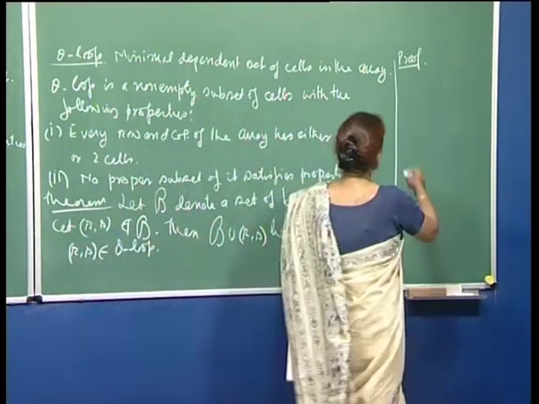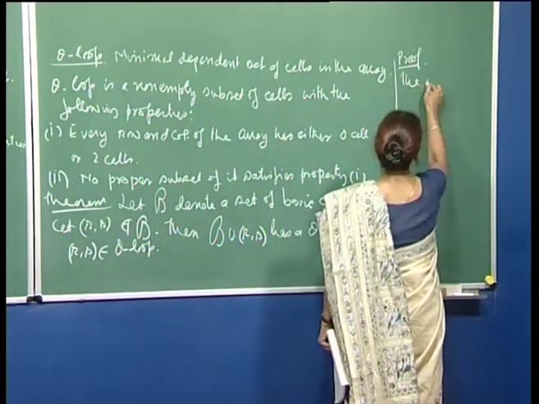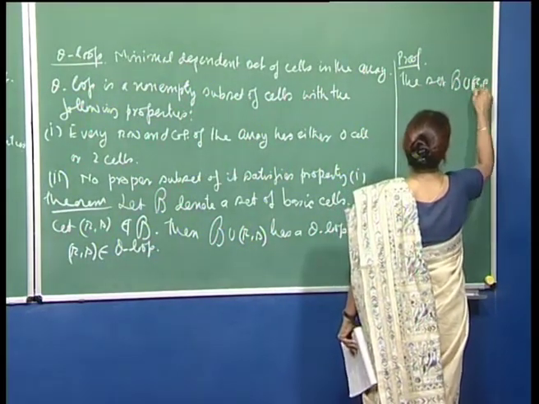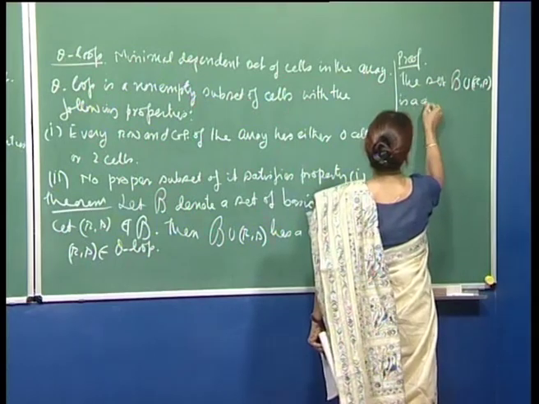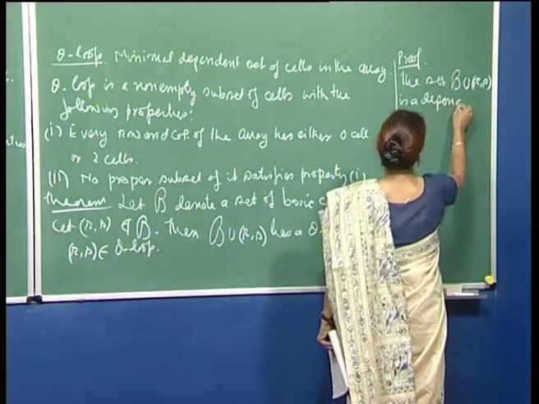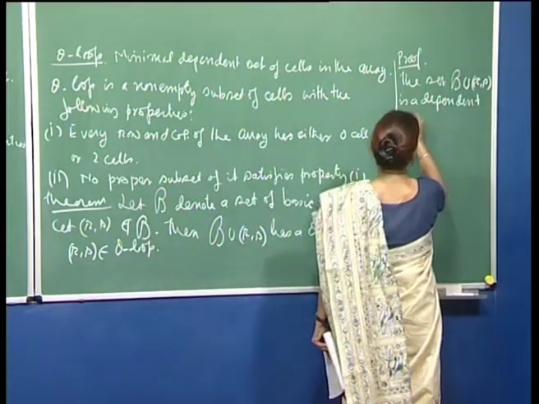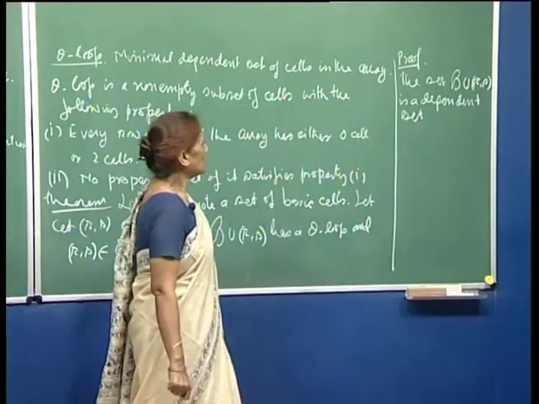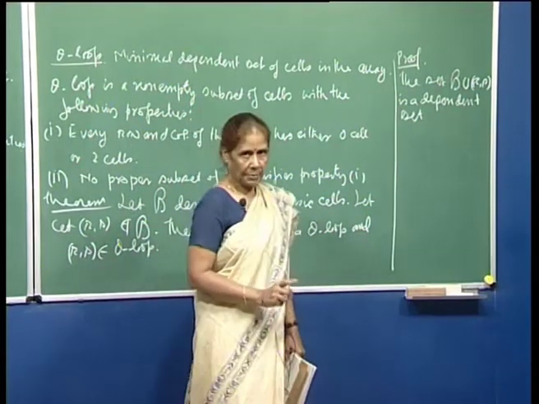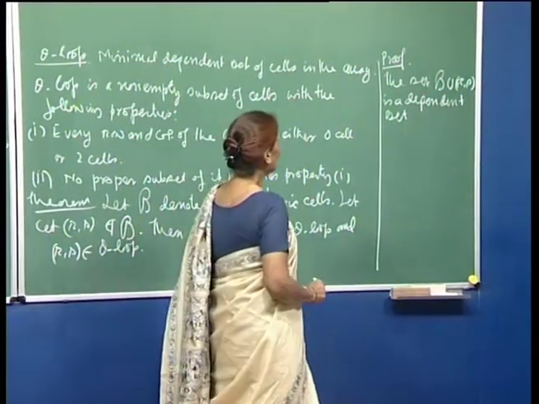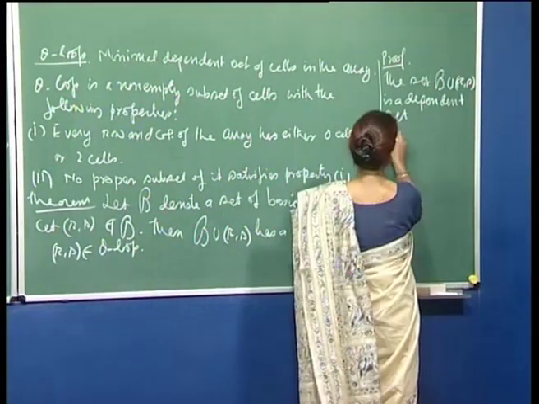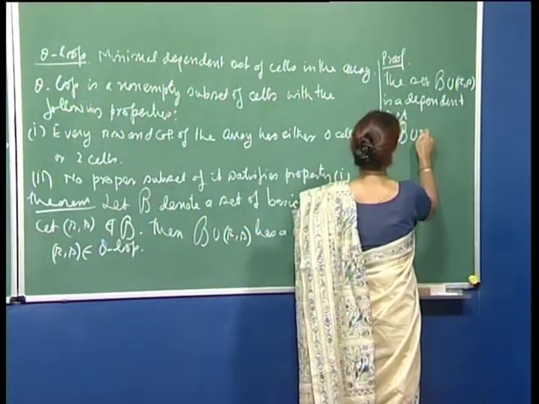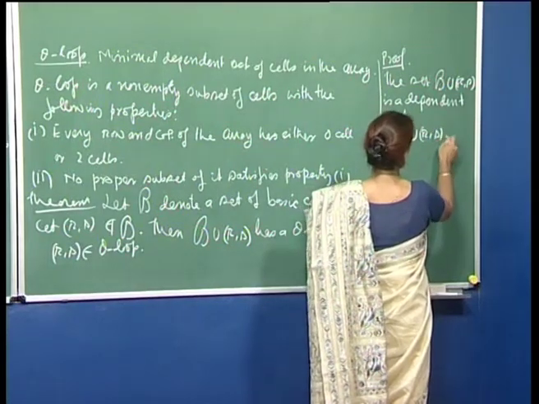So, therefore, the set B union R s is a dependent set, right. And script B was not a dependent set, right. So, therefore, your script B union R comma s has a theta loop.